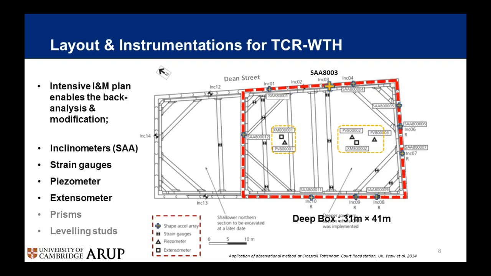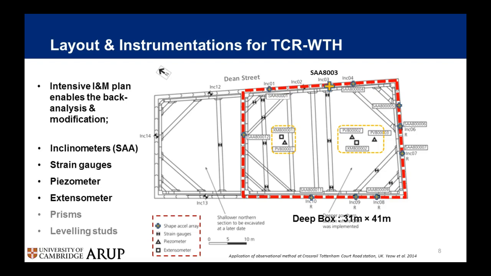So look at this layout of instrumentation. The major instrumentation includes inclinometers. In this case, it used a shape accel array, SAA. It's more like an in-place type of inclinometer to measure the wall deflections.